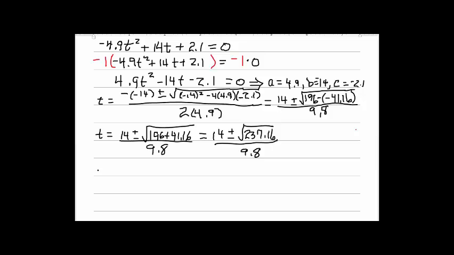Alright, and I'm going to have to split this into the two separate t values. One t value is 14 minus the square root of 237.16 over 9.8. And I'm going to let my calculator give me an approximation for that.